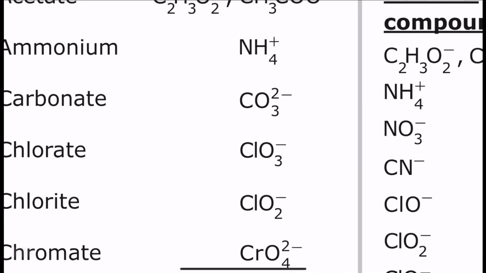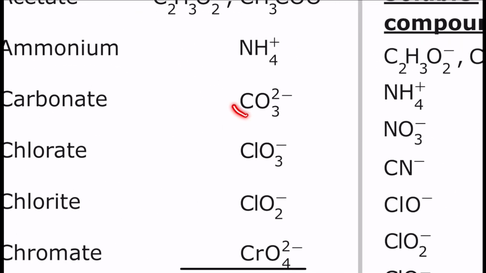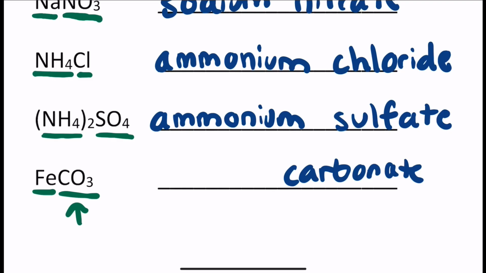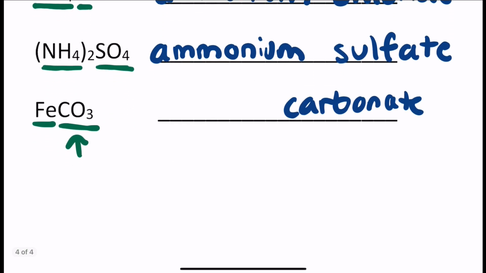We want to know the charge of carbonate. If you look at carbonate, there's 1 carbon and 3 oxygens, but the charge of a single carbonate is 2 minus. That'll be really important when we're solving this puzzle. We know CO3 has this 2 minus charge.